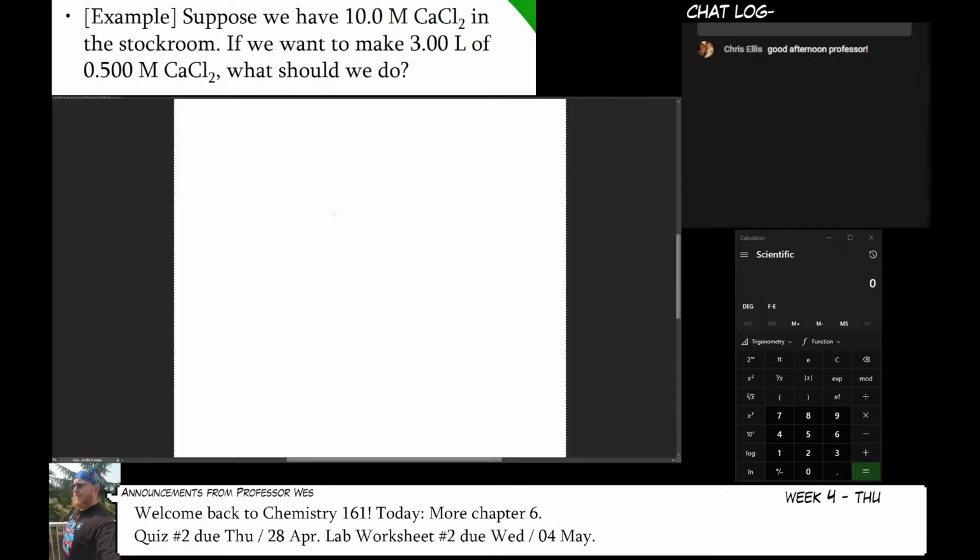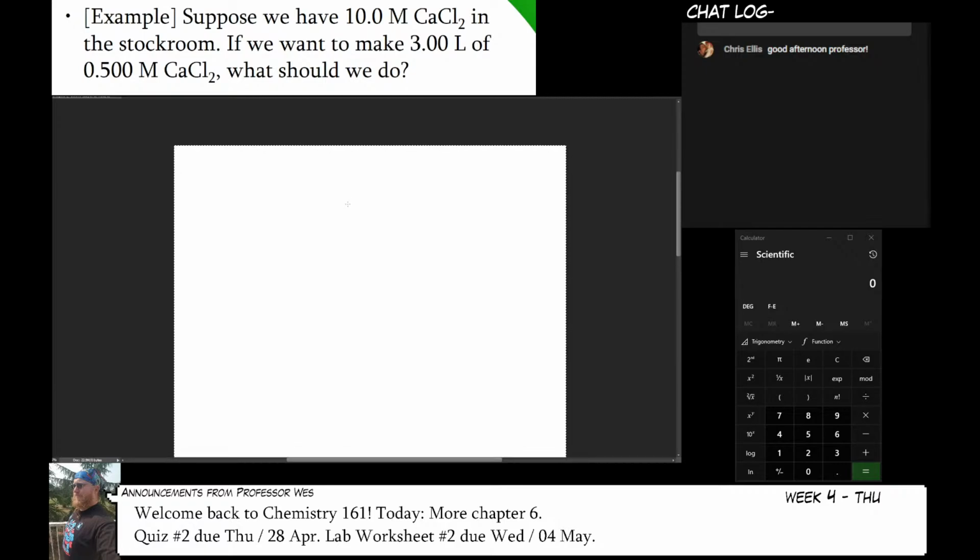So the first thing that we need to do is write down the formula, and I need to identify what I have.